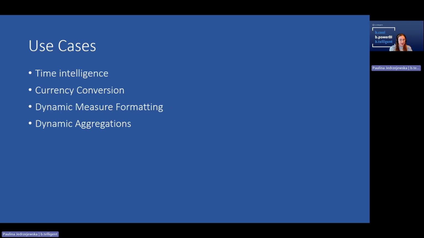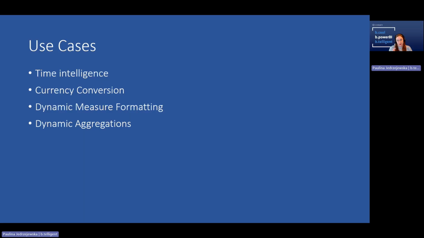So the use cases. Mostly I see calculation groups used for time intelligence, but also for currency conversion. There are also use cases for dynamic measure formatting and dynamic aggregations. We will be working today with time intelligence because I don't want to dive into calculation groups so much.